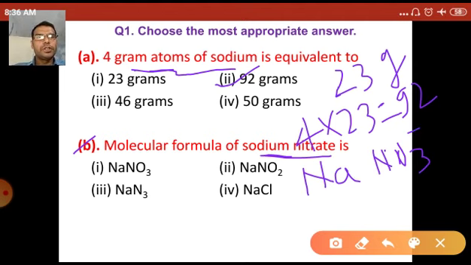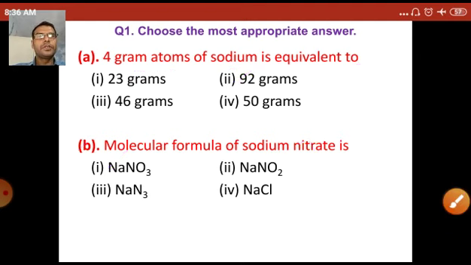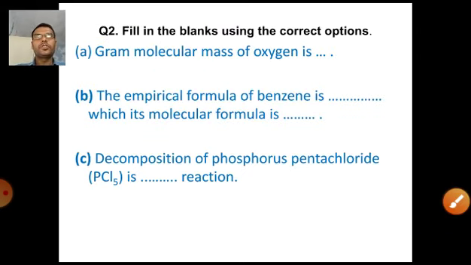So the formula of sodium nitrate is NaNO3. So option 1 is the correct option, NaNO3.